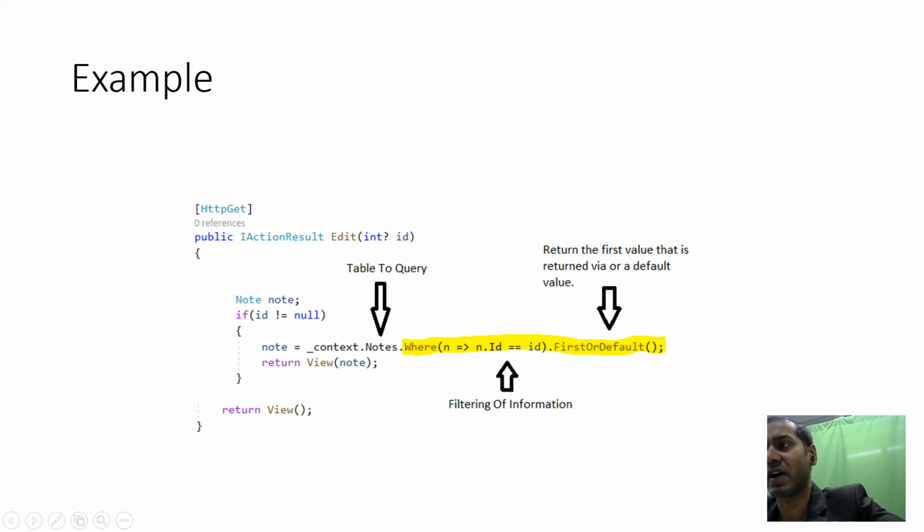So this is specifying the actual primary key of the record we're looking for is equal to id, which is the object that was passed in to that action. And then we pull the first or default value. So it'll return the first element rather than a list of elements based on our filter, or default.